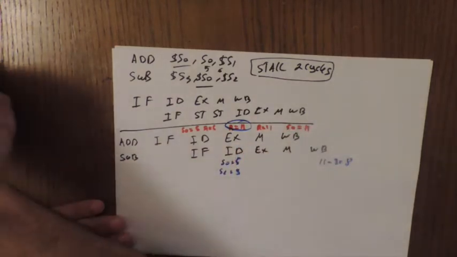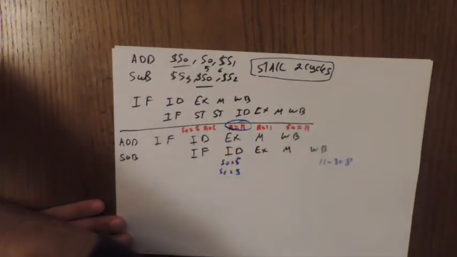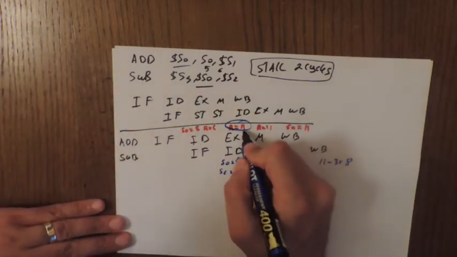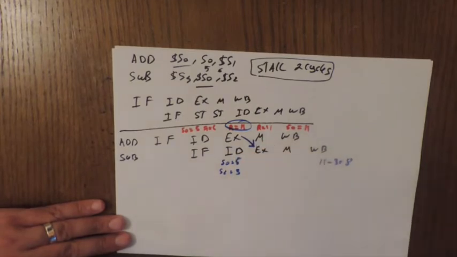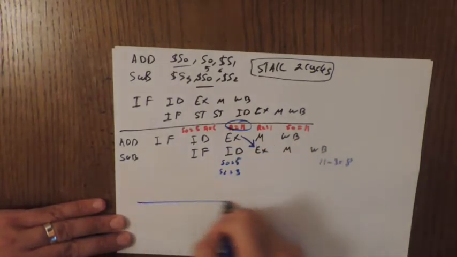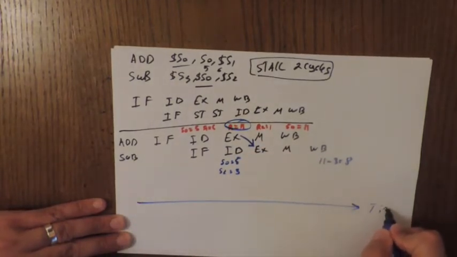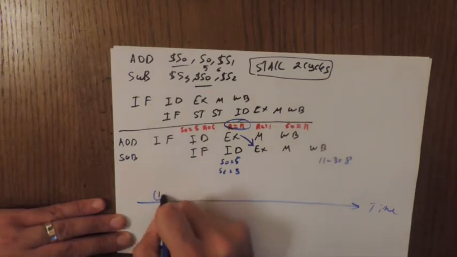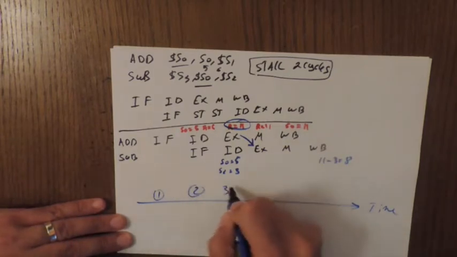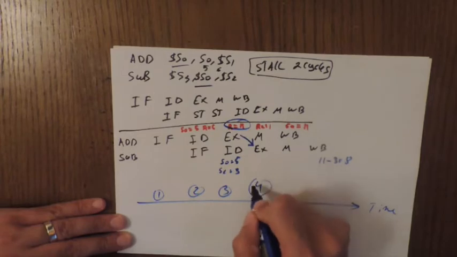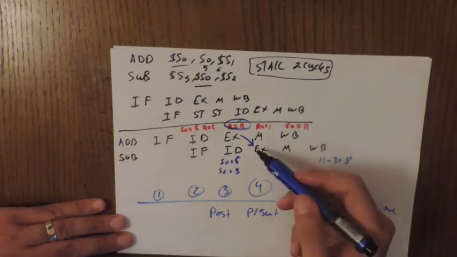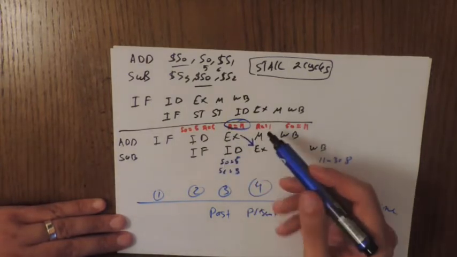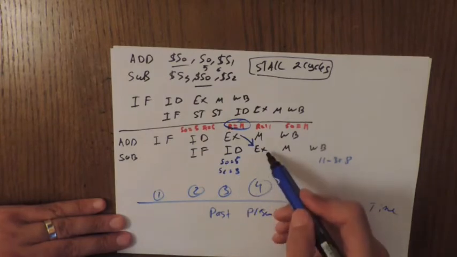Okay, they say, can I forward this result from here to here, from this stage to this stage? Remember that this is the time scale. Okay, this is instruction 1, 2, 3, and 4. So here is the past, and now here is the present. So of course this is happening at an earlier stage than the execute.